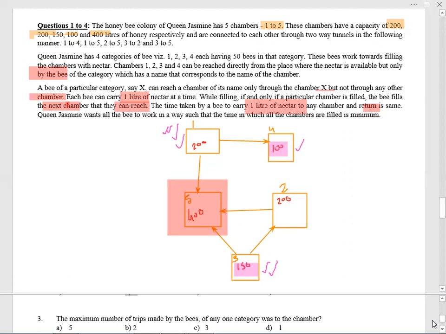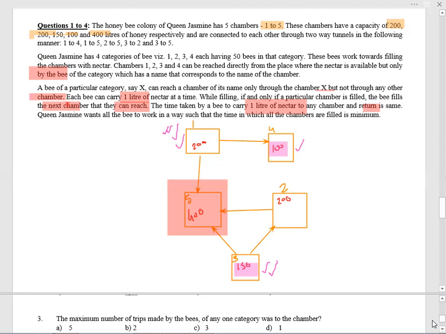Should we do it in a different way? First 1.5 hours, 1, 2, and 3 filled up. First 2 hours, 2 also filled up. Within the first 2 hours, 150 units can be accommodated here.